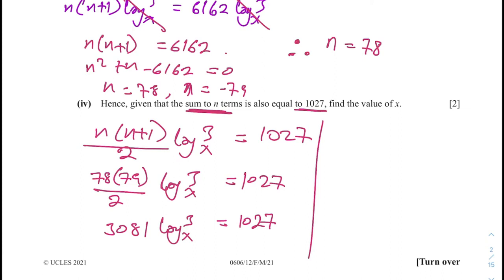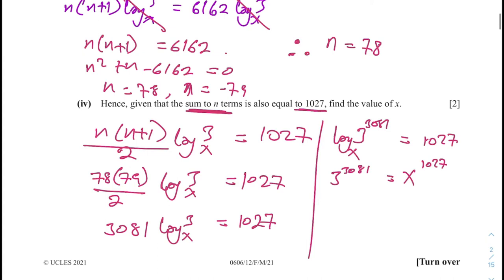Then the next thing that we can do is to write 3 log 3 to the power 3081. This is equal to that, so that we can write this is equal to x to the power of this. All right, so let's see what we can do here.